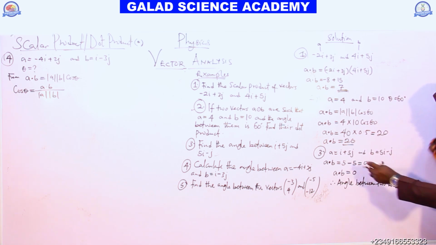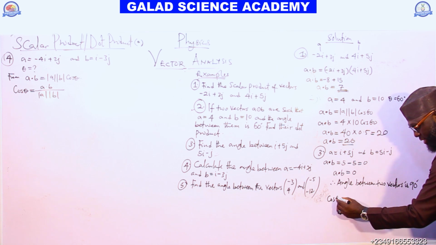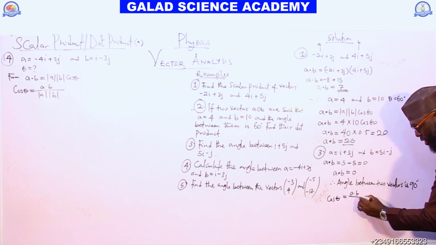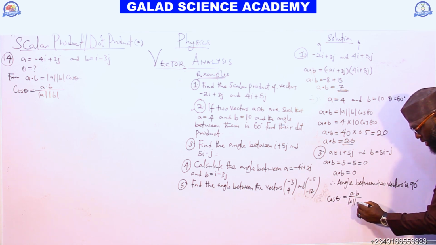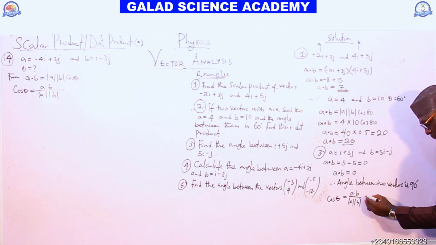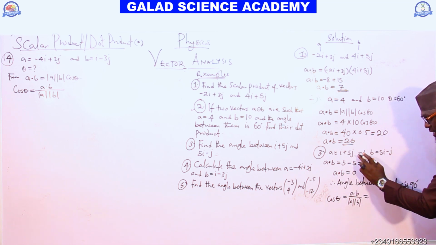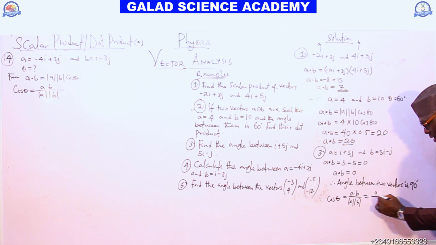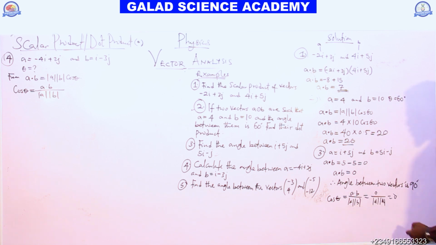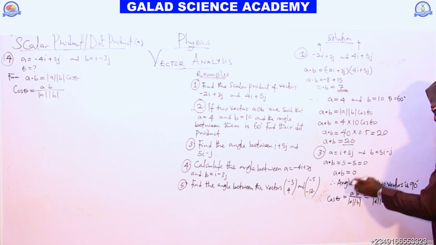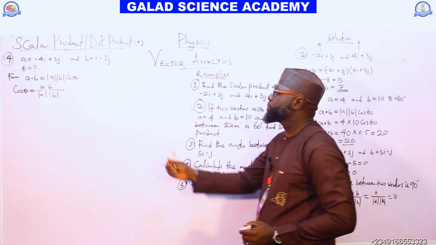If we multiply this by this, it gives us 0 over this, so we still arrive at 0. So you can use this formula to get this.